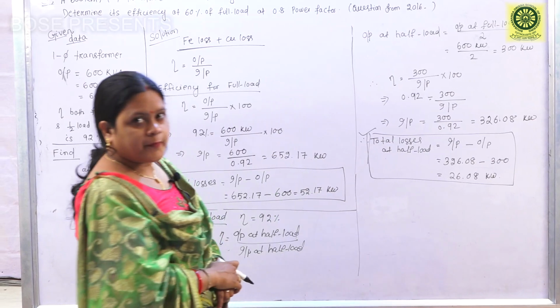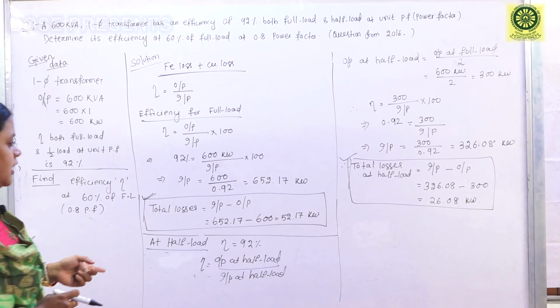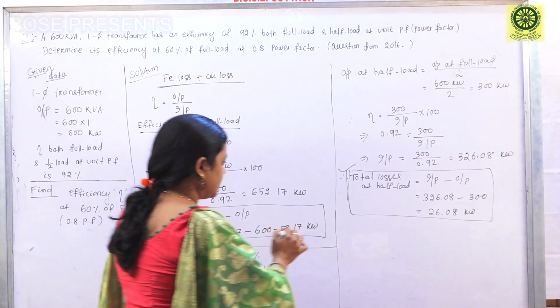Now we go to the individual losses, that means copper losses and iron losses.